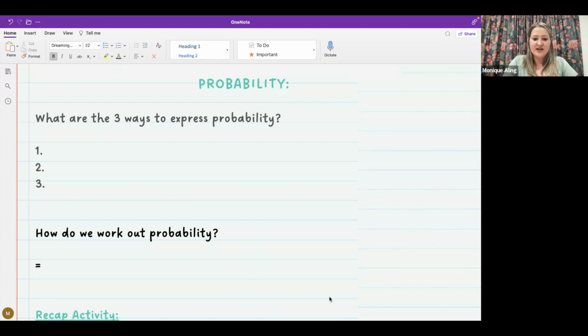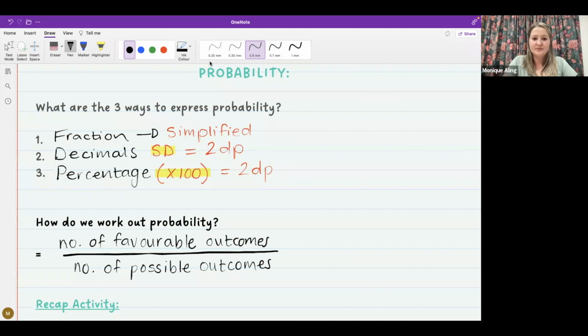Let me quickly check. Okay, while I figure it out, can I ask you guys to complete this table for me so long? It's just practicing converting between fractions, decimals, and percentages.